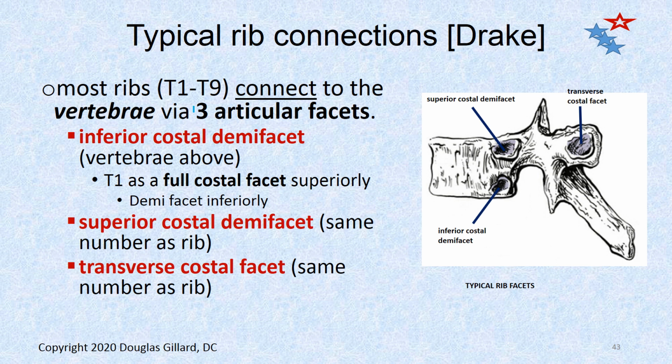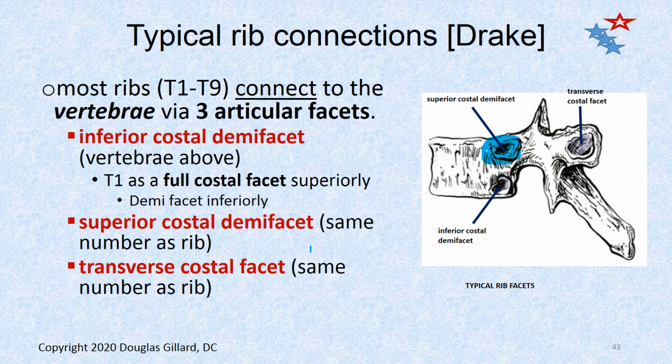Most ribs, T1 through T9, connect to the vertebrae at 3 articulation points via 3 facets: an inferior costal facet, a superior costal facet, and a transverse costal facet. T1 is a little bit strange. It has a very large facet here because the rib head doesn't have to share it with anybody. Nevertheless, it still has 3 on it.